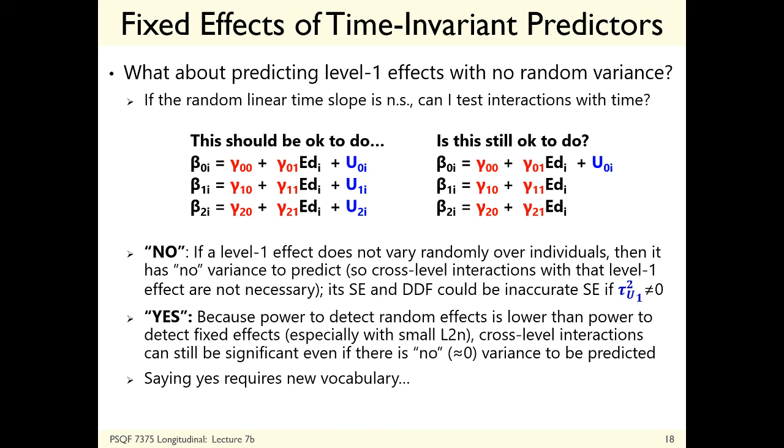So it still makes sense, in theory, that you could have these interactions have something to do. It's just a negligible source of variance that they have to attack. And so then the question is, are those interactions suspect? If you want to go this route, it requires learning a new vocabulary word. And that is the word systematically varying.